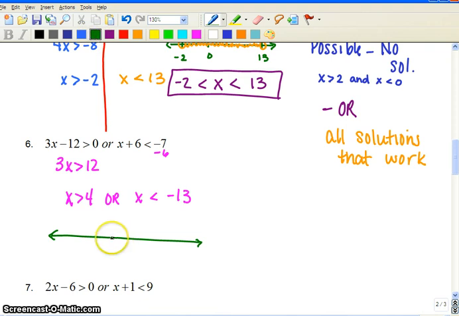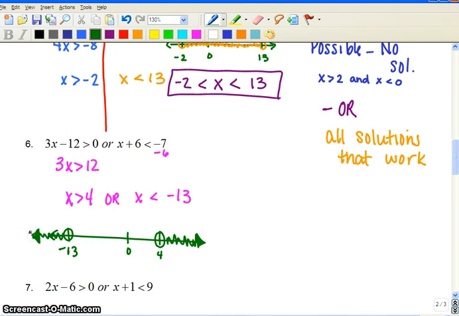So if we're going to graph this, I want to be greater than 4. So I'll put 0 on here. I'm going to put 4 here. Open circle, greater than 4. So all those numbers work. 5, 6, 7, 8, 9, 10, and all the decimals between them. Or negative 13 is down here. So open circle, go down from 13.